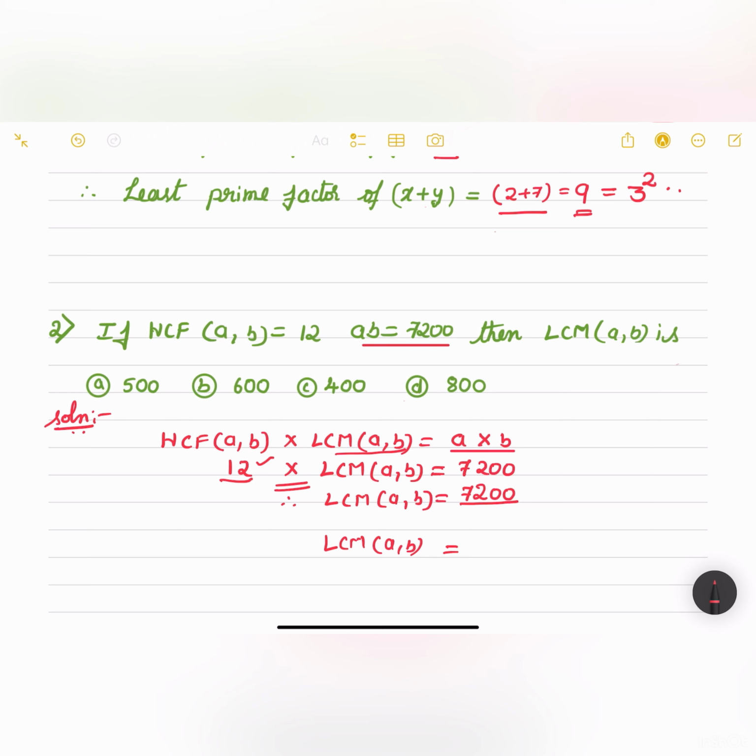And they have given the HCF is 12, so let us substitute that, and then LCM we have to find out. A into B is nothing but 7200. And if we take this 12 to the right hand side, it becomes divided by, because we have a multiplication sign. 12 ones are 12, 12 sixes are 72, and the correct option is option B.